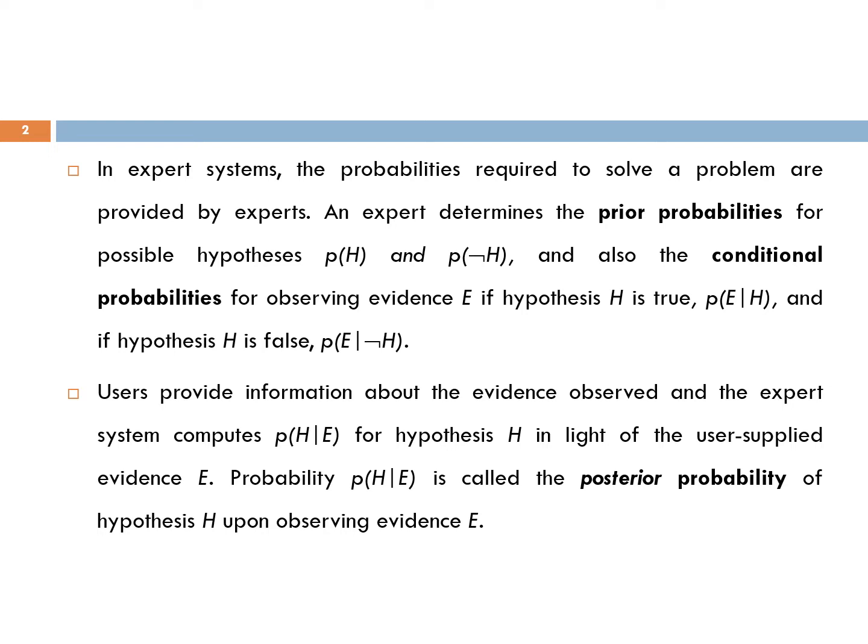For H, or hypothesis, in the light of the user supplied evidence, the conditional probability of the hypothesis given the evidence is what we call the posterior probability of hypothesis H upon observing the evidence.